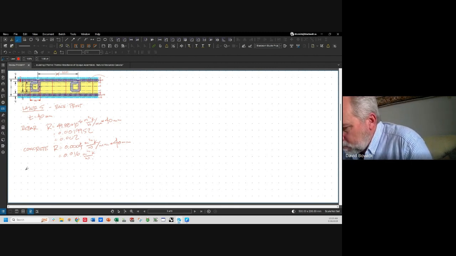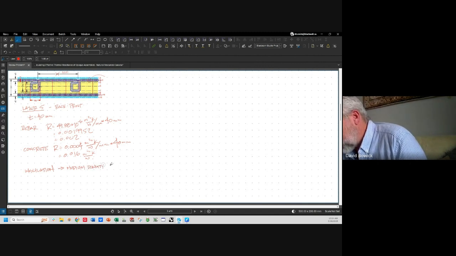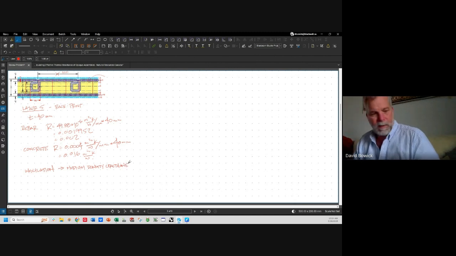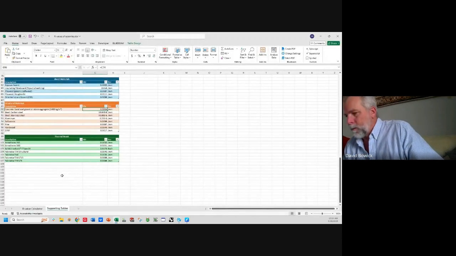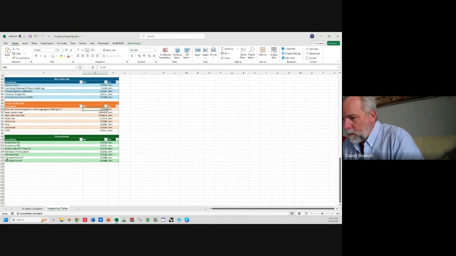And then there's the insulation. The insulation here is medium density urethane. So we'll flip and we'll look. R equals, we're going to come to our table.